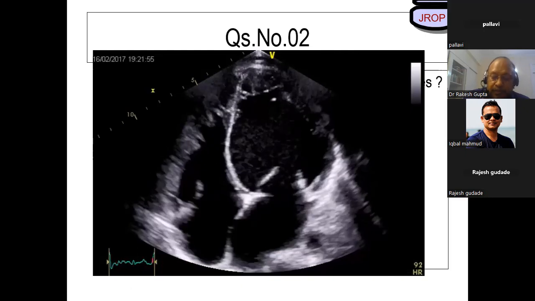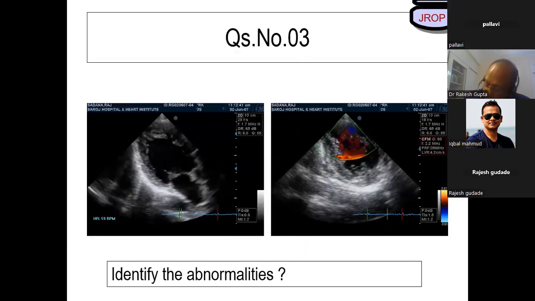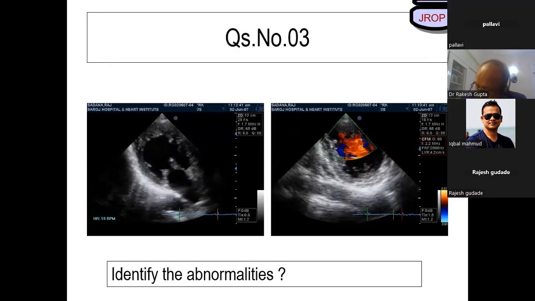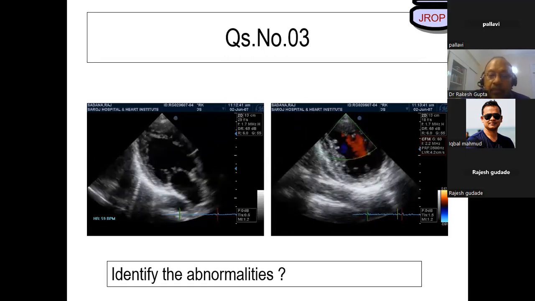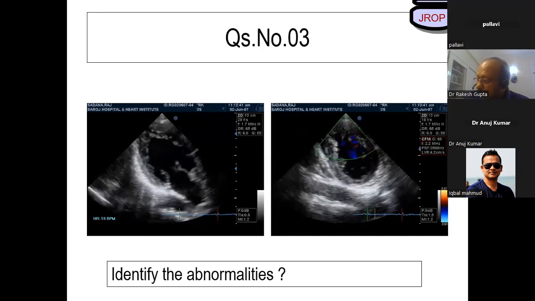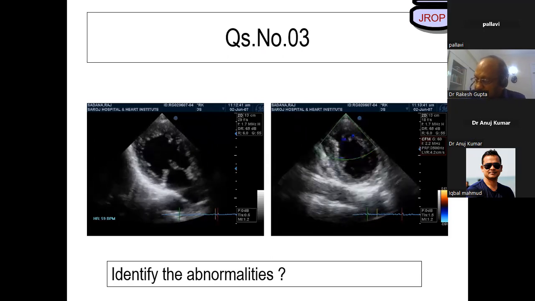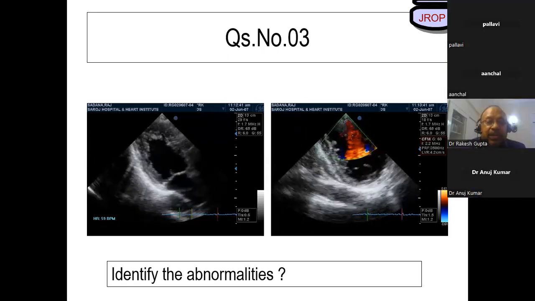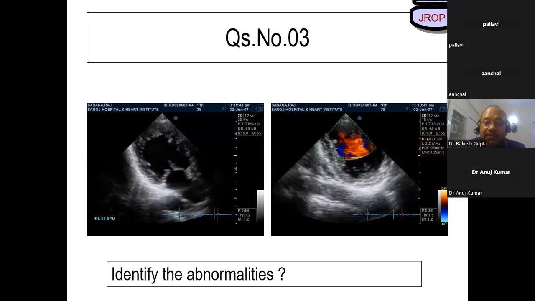All right, let's go to the next picture. This goes to Dr. Anuj Kumar from Devgarh, Jharkhand. Yes, sir. Tell me, Anuj, what's abnormal in this? You are lucky, man, because you are getting something which was seen earlier.